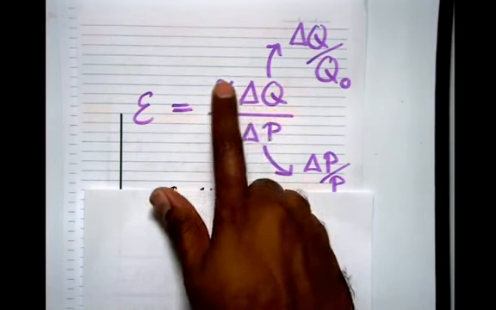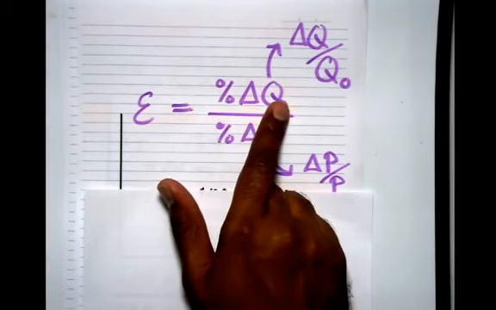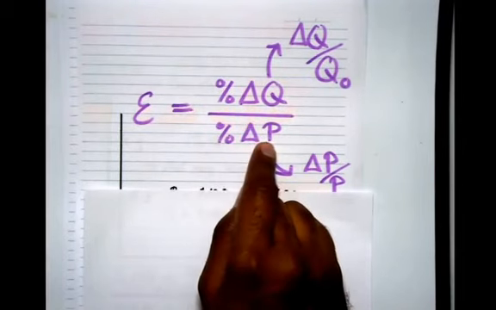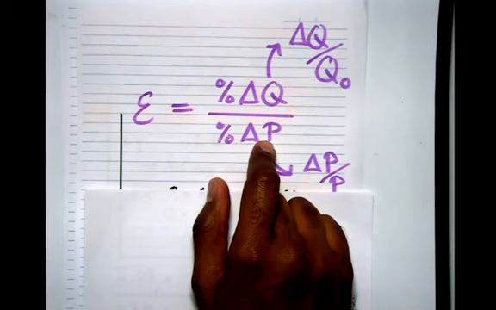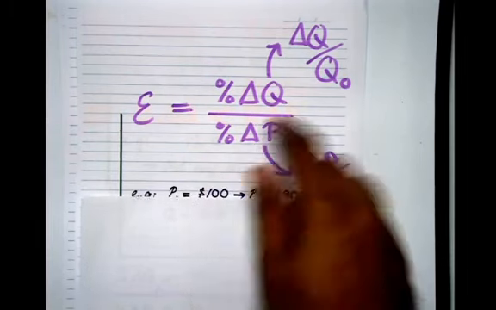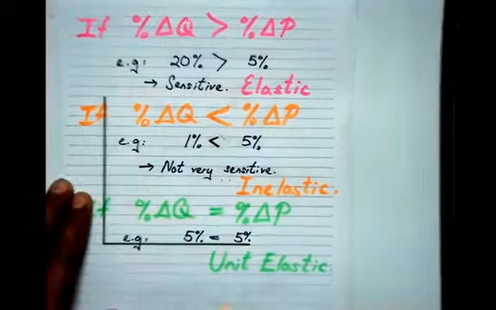If the number on top is less than the bottom, i.e. if the numerator is less than the denominator, then the answer will be less than 1. Okay?